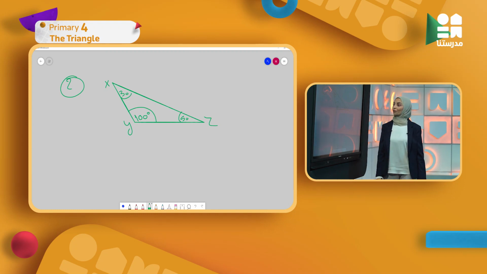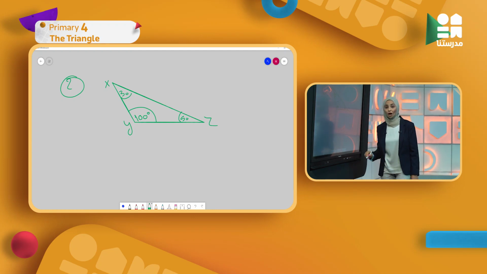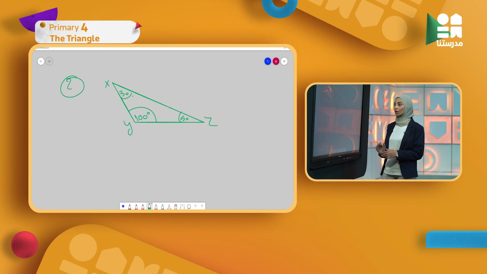As I said before, I must take a look at the 3 angles first before saying the type of this triangle. Okay, let's see. Angle X equals what? Angle X equals 30. 30 is smaller than 90, so 30 is an acute angle. Okay, what about measure angle Y?